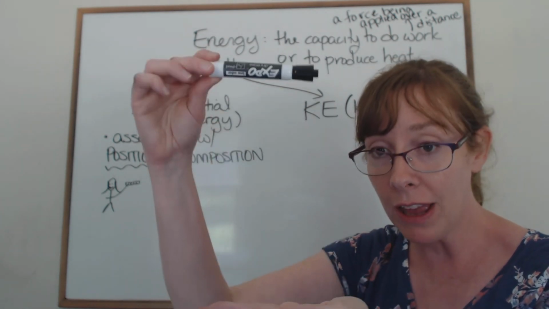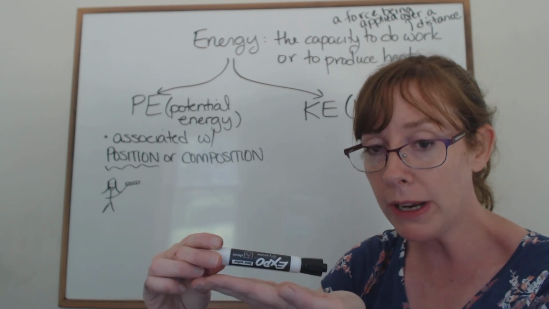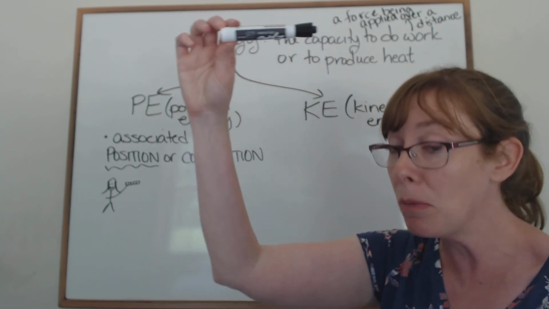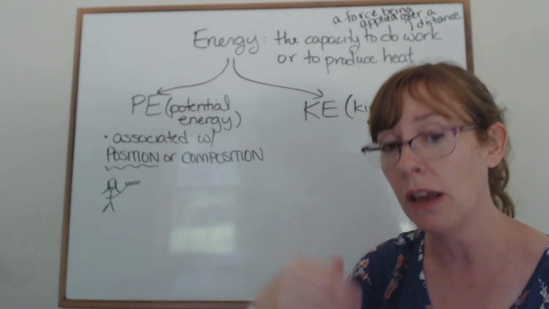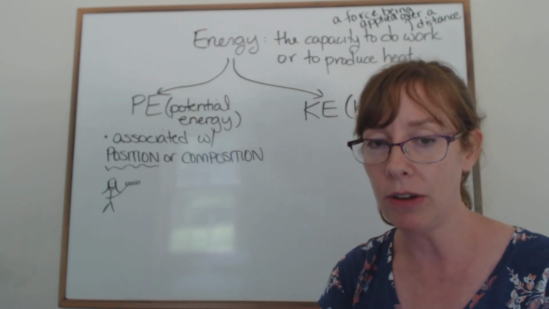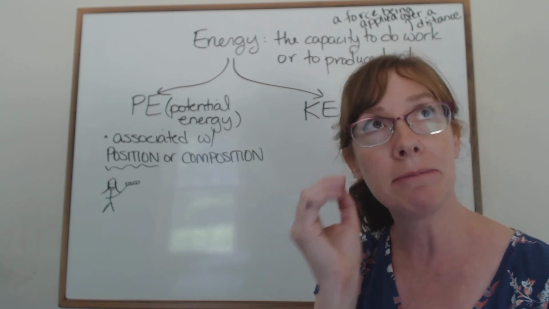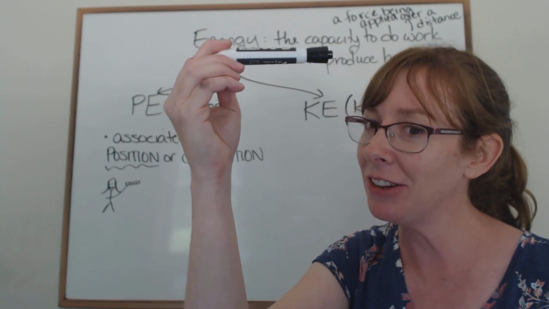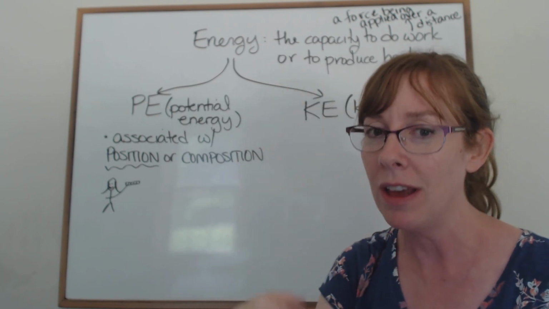It will fall harder if I drop it from up high than from down low. So here it has a certain amount of energy, but if I change the position, it has more energy because it's against gravity even more. So it's the energy associated with where something is in the universe, its position. It has a different amount of potential energy. And by the way, it's called potential because the energy is in it, but you can't see it until you allow things to happen, or you remove yourself from it, and then the energy comes out.